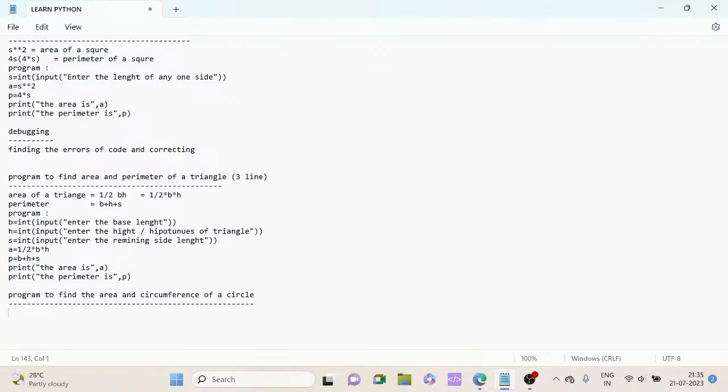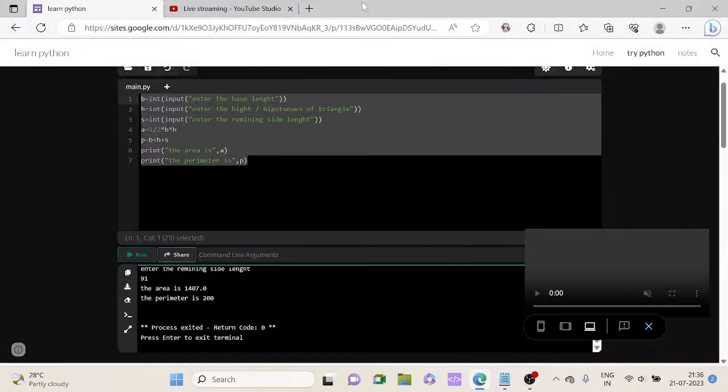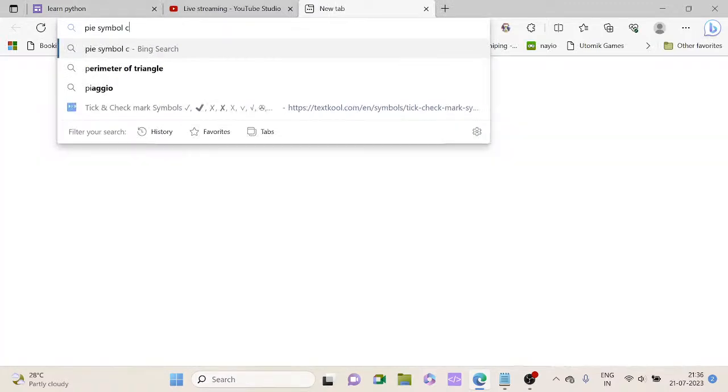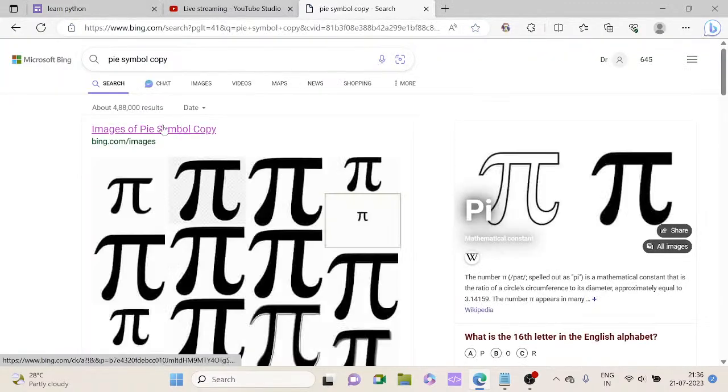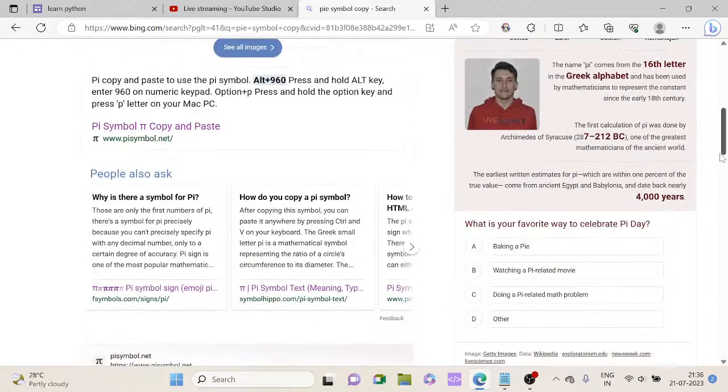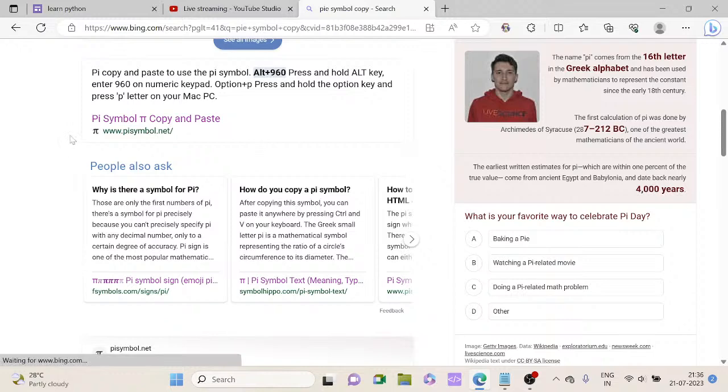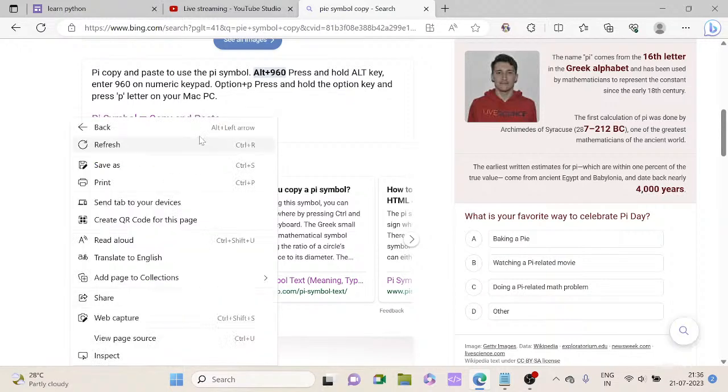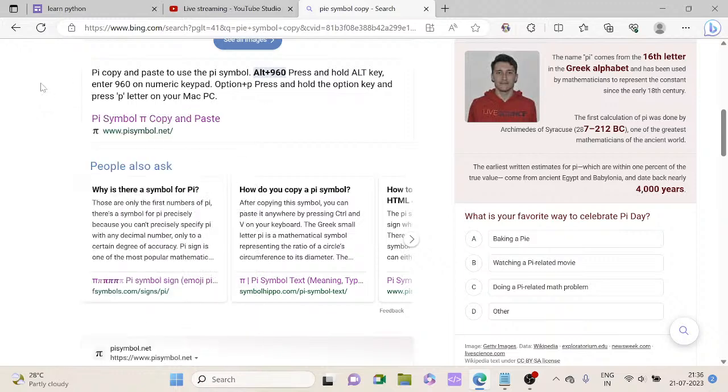So area of a circle is equal to 2, then where's the pi symbol? One second. Okay, one minute please wait. Pi.